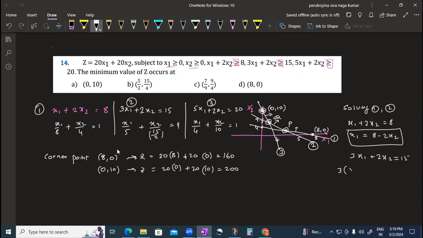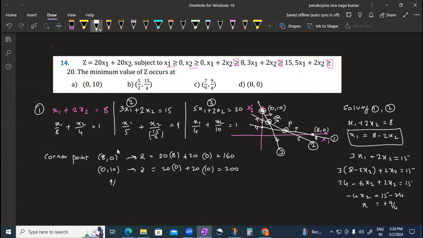So 3 times x1 means 3 times 8 minus 2x2, plus 2x2 is equal to 15. 3 times 8 is 24, minus 3 times 2 is 6x2, plus 2x2 is equal to 15. So this will be minus 4x2 is equal to 15 minus 24. 15 minus 24 is minus 9. The minus signs cancel, so x2 is equal to 9 by 4.